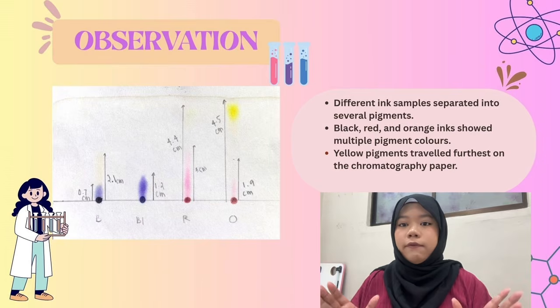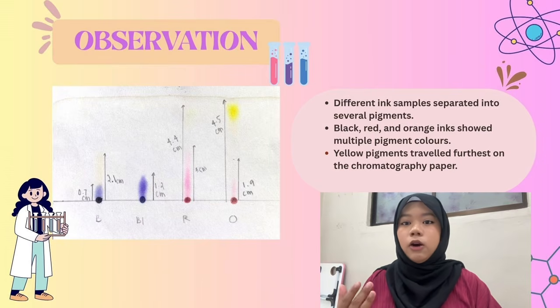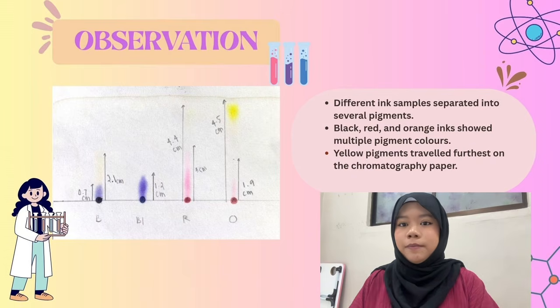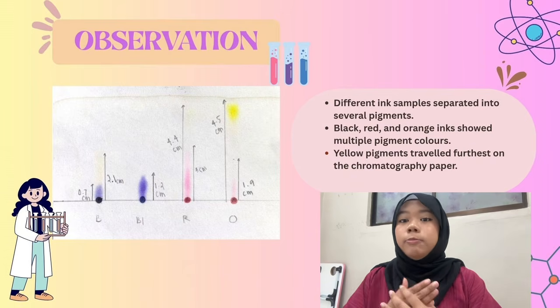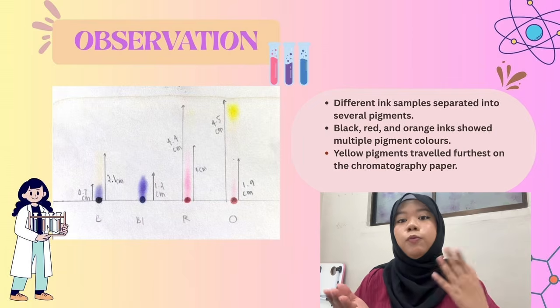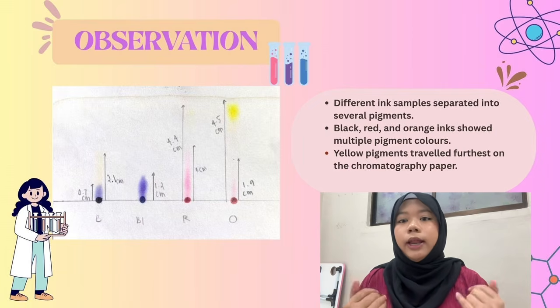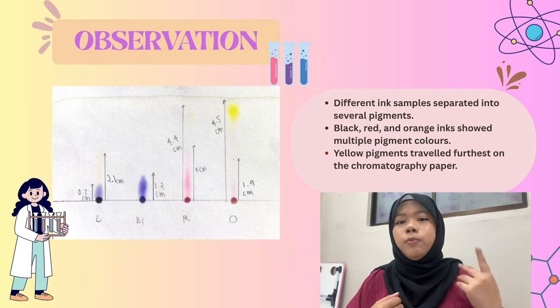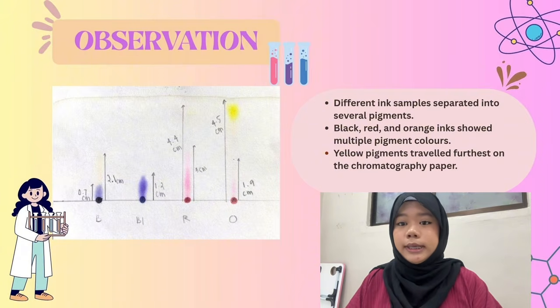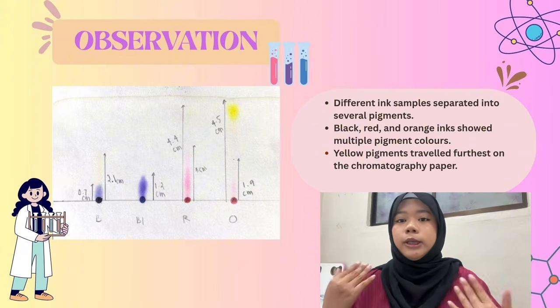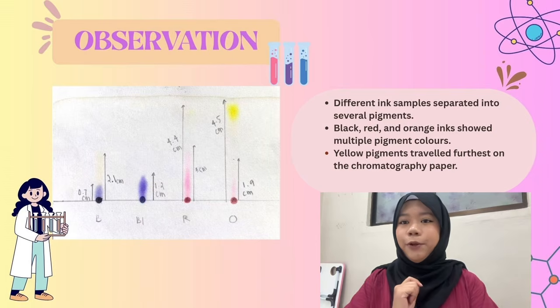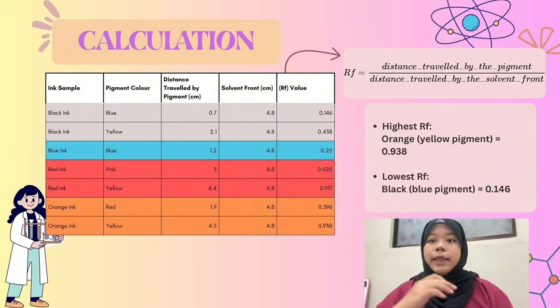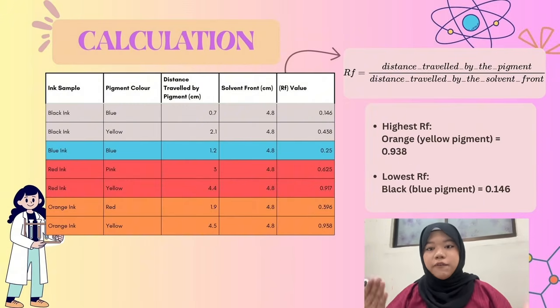Different pigments travel different distances depending on their solubility in the solvent and their attraction towards the paper. From the chromatogram, we observe that black ink separated into blue and yellow pigments. Red and orange inks also separated into multiple pigments, showing that these inks are mixtures of several dyes rather than just one pure color. Now we are going to show the calculations of the RF values for each separated pigment.